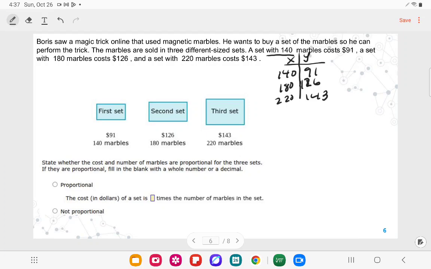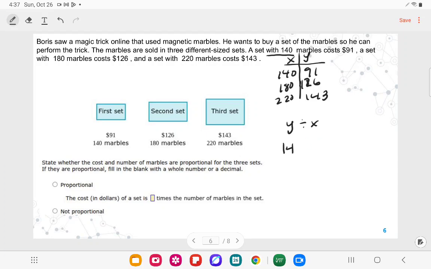Now you can also think about it as: what am I paying for every single marble? That's what 0.7 was in the last example, the races won per month. In this case, I'm going to see if I can determine how much each marble costs by taking my Y and dividing by my X and seeing if that pattern stays the same. I'm going to test it always with my first one.